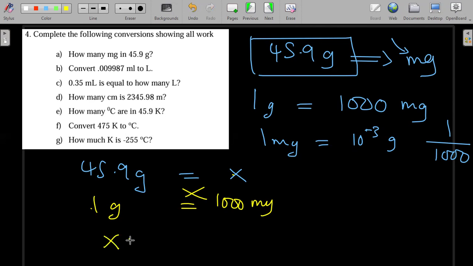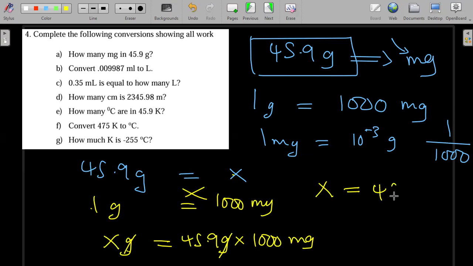So here I'm going to get X gram is equals to, and then here it will be 45.9 grams multiplied by 1,000 milligrams. So I can divide both sides by this gram. So this gram is going to cancel with the gram. So it means X is equals to this number multiplied by 1,000. I'm just going to get 45,900 milligrams. Okay, so that's how we can convert that one. Unless there are any questions, I'll move to the next one.